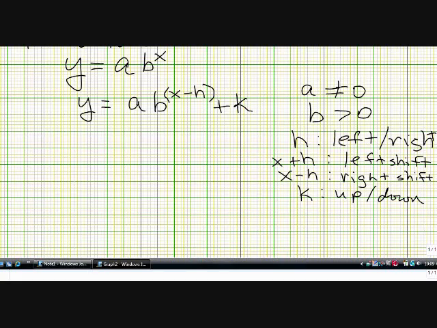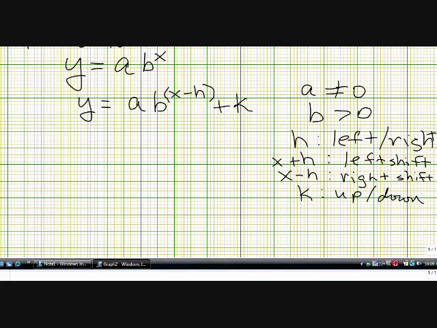Officially it is, but you're never really going to see why this is an inflection point. You're going to need a couple more years of mathematics experience before you would see why. So we're just going to call it left and right shifts, which means we've got to do a little more work to graph these because we don't get to put a vertex down and graph from there. So that's why these ones are a little more difficult.